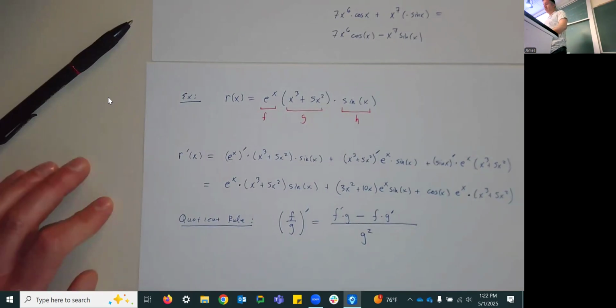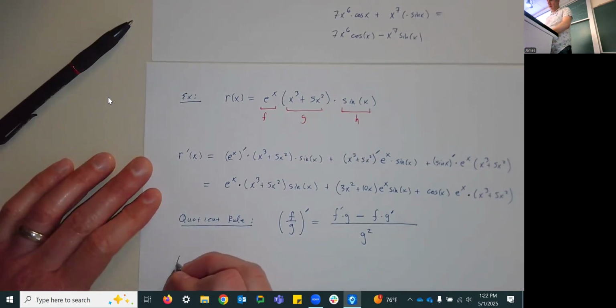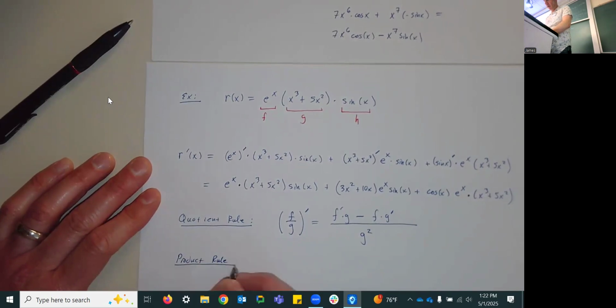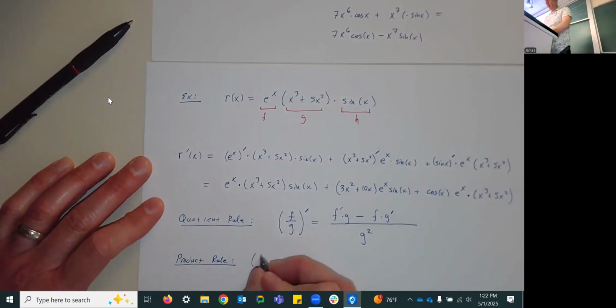I'll point out here, just as a reminder, that the product rule looks very similar to the top of the quotient rule. If you're doing the derivative of f times g, it's the derivative of f times g plus f times the derivative of g.